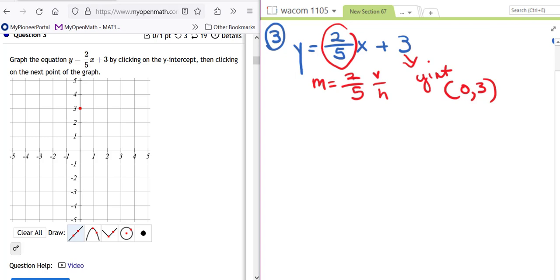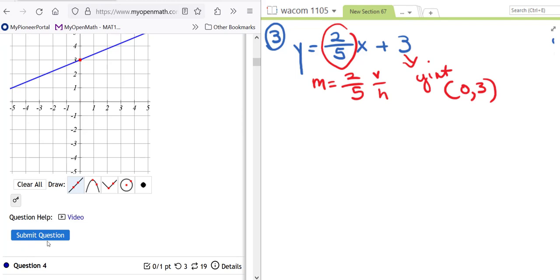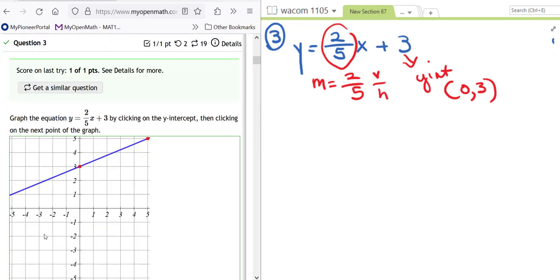We're going to go up 2. It's positive, so up. And this is positive. The denominator is left or right, so it would be to the right, 5. So from our point, we're going to count up 2. Don't make a point. Go across 5: 1, 2, 3, 4, 5. Click. Now you have your line.